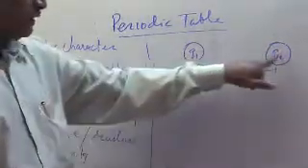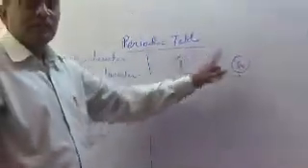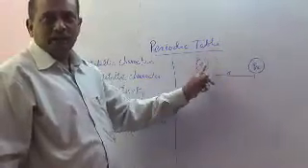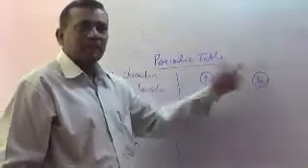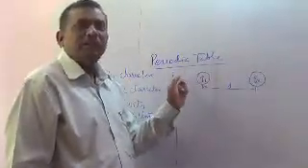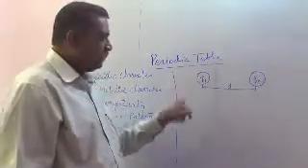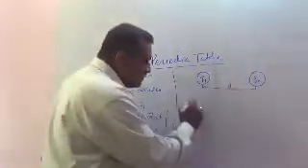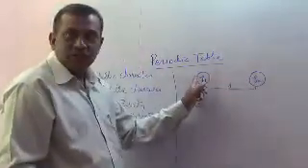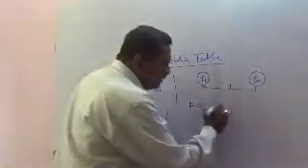If this is positive and this is also positive, similar charges repel, and dissimilar charges attract. Suppose this is positive, this is negative, they will attract. If this is negative and this is negative, they will repel. Similar charges repel.